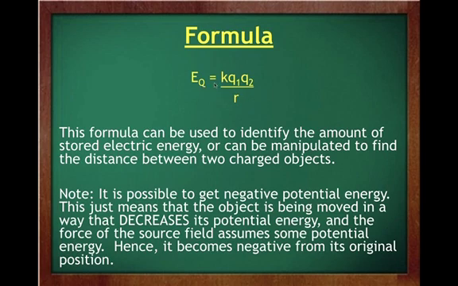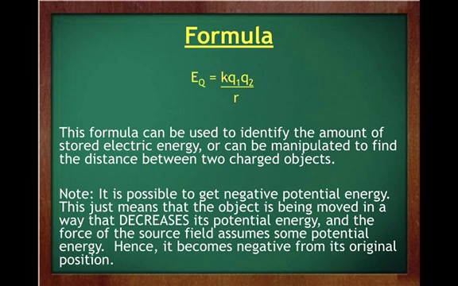It looked almost identical to this, except it had an r squared: Coulomb's constant multiplied by the two charges, divided by the distance between them squared. We're not looking for force now. Now we're looking for the electric potential energy between those two objects. So it's Coulomb's constant multiplied by the two charges divided by the distance between them, and that gives you energy.